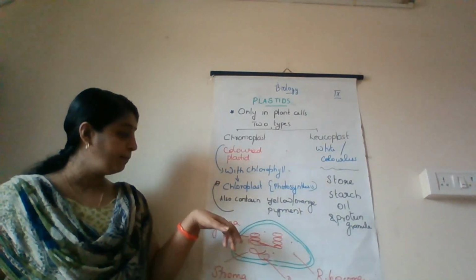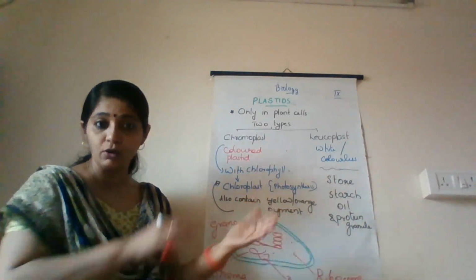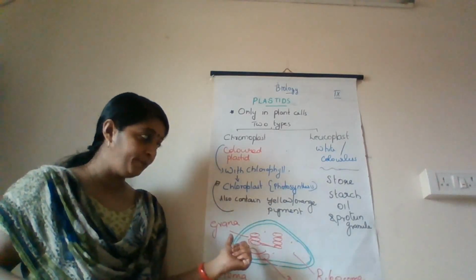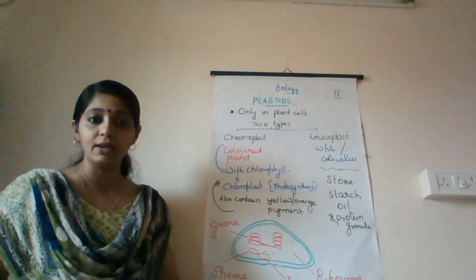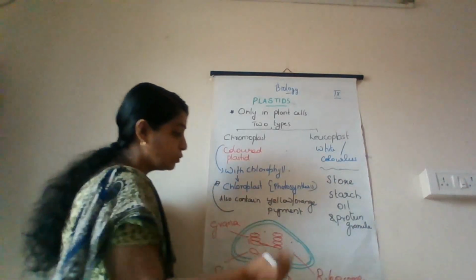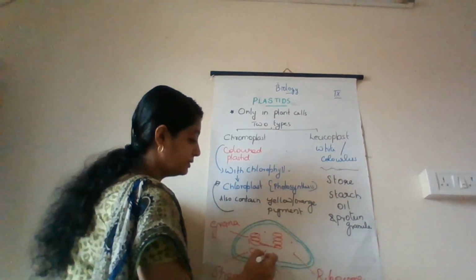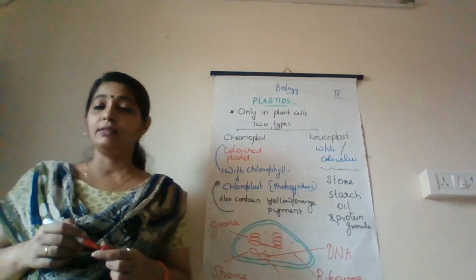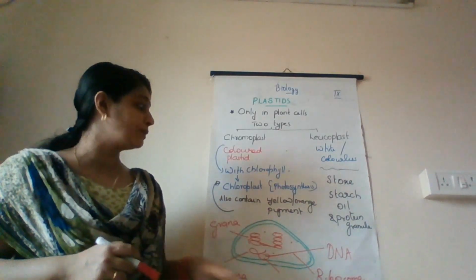Within the stroma, the membrane bound structures are arranged like piles of coins one over the other, called grana. They have their own ribosomes and DNA. So that's about the structure of chloroplast.